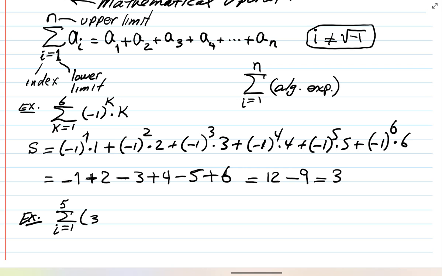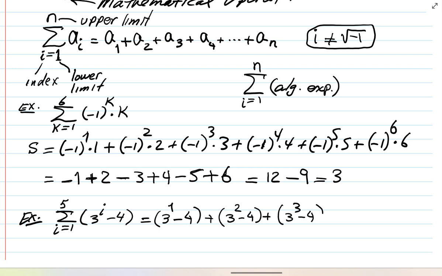Let's go 3 to the i minus 4. So remember, i starts with 1. So here it goes. 3 to the first minus 4. And then we add. Then we go 3 squared minus 4. And then add. 3 cubed minus 4. Add. 3 to the fourth minus 4. Add. And finally, 3 to the fifth minus 4.